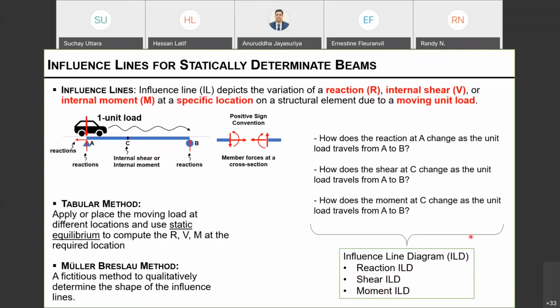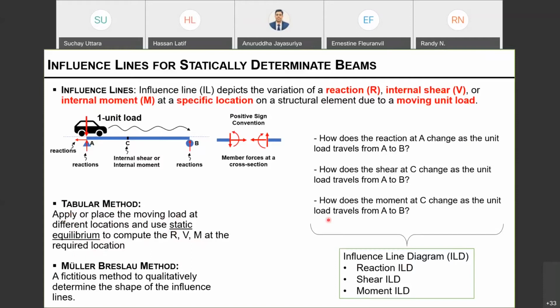The method that we will be using to construct this influence line diagram is based on 2 different methods. One is the tabular method. The tabular method essentially says that we place the moving load at different locations and use static equilibrium to compute the reactions, the shear, and the moment at a required location, right?